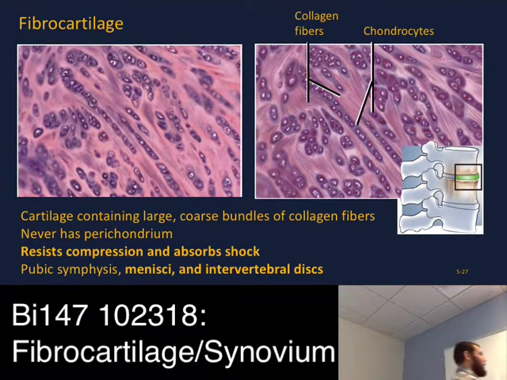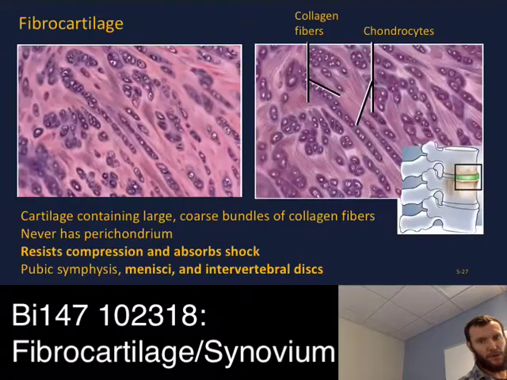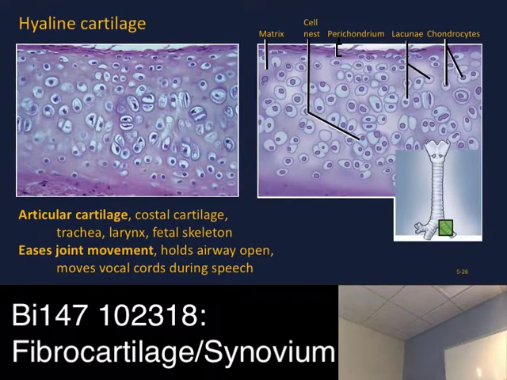But qualitatively, how does this matrix that you point out look different? It looks kind of stranded. It looks fibrous, doesn't it? As opposed to this, which looks more like a clear, continuous gel.